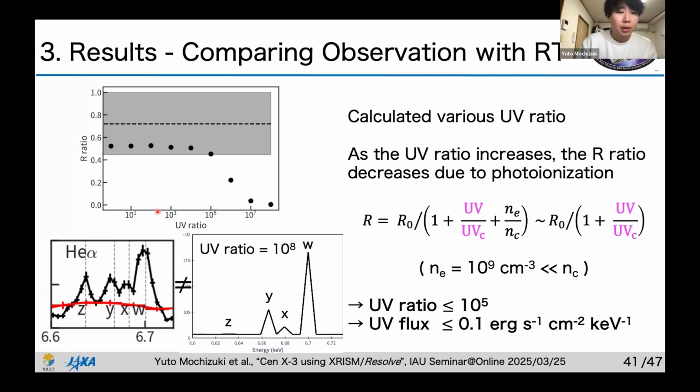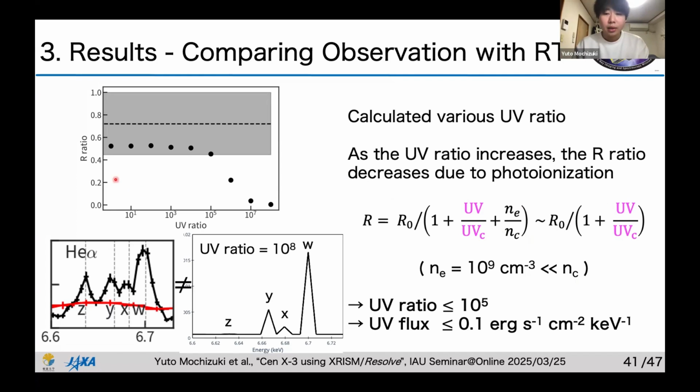As you can see, as the UV ratio increases, the R ratio decreases due to the photoionized plasma, because the electron density is significantly smaller than the critical densities. So the R ratio only depends on the UV flux, the UV ratio.